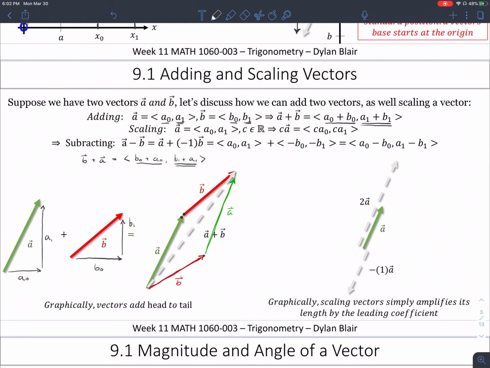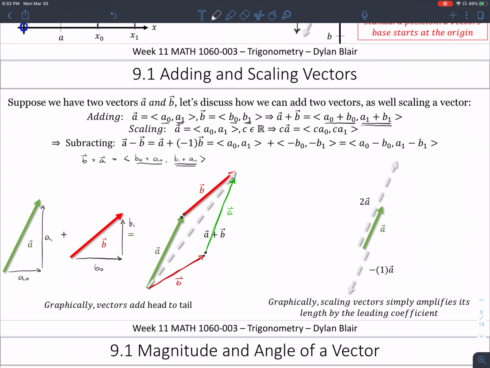And then we're taking that same resulting distance from the base to the very end along that path. And what we notice is we get this nice parallelogram. And that's a nice property that we get geometrically when we add vectors together. When you switch the order in which you add them, they always create this parallelogram.